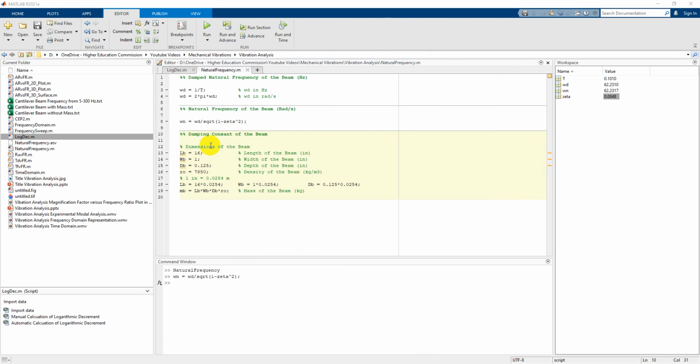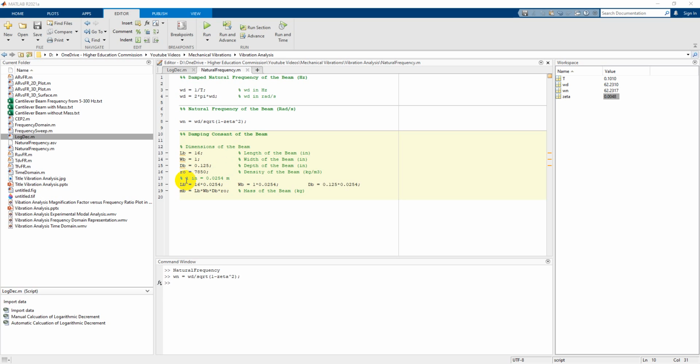The dimensions of the beam are: length of beam 16 inches, width of beam 1 inch, depth of beam 0.125 inch, and rho, which is the density of stainless steel, which is 7850.